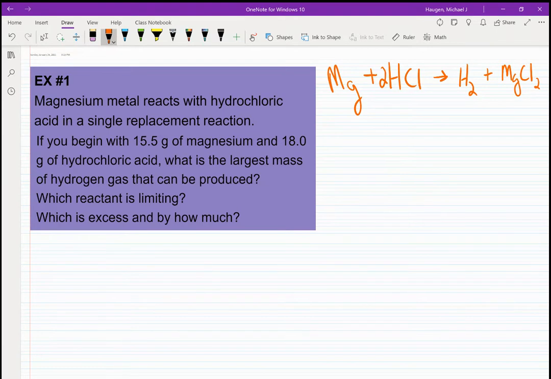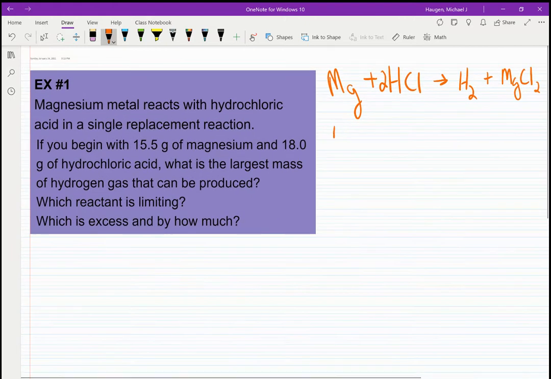Okay, so in this reaction, it's telling me that I'm starting with 15.5 grams of the magnesium. And it also tells me that I'm starting with 18 grams of hydrochloric acid.